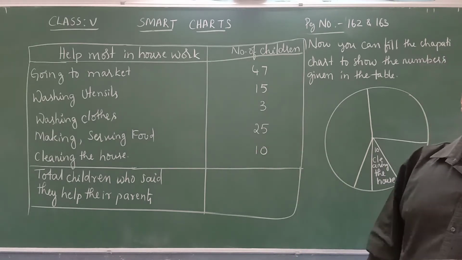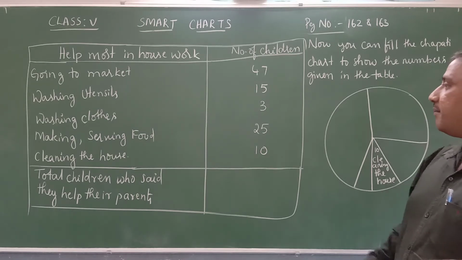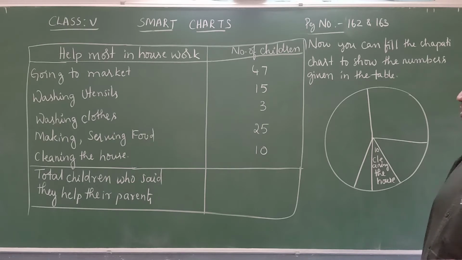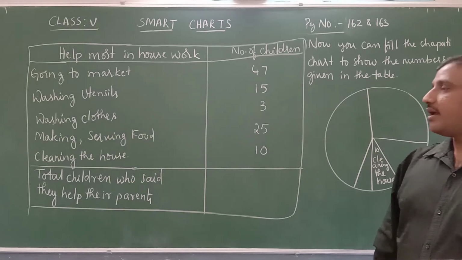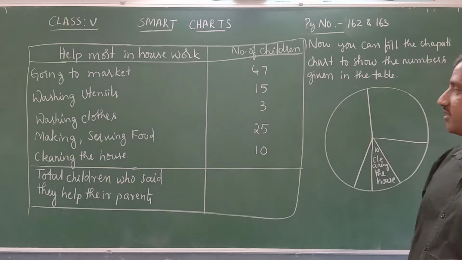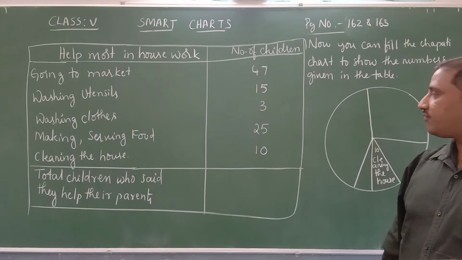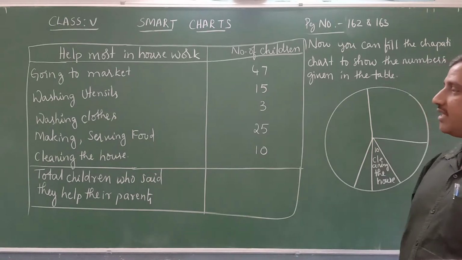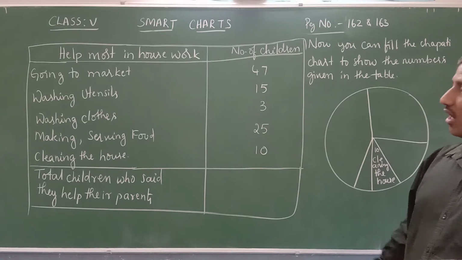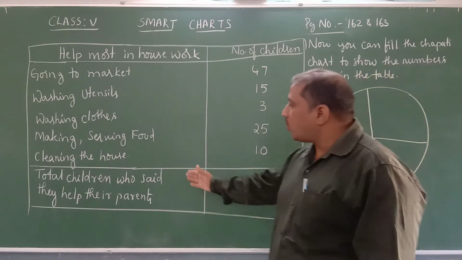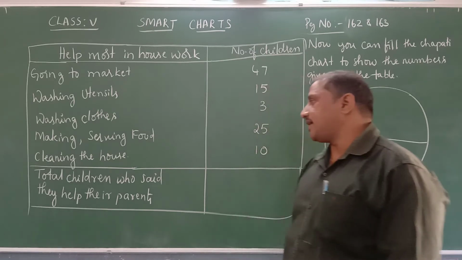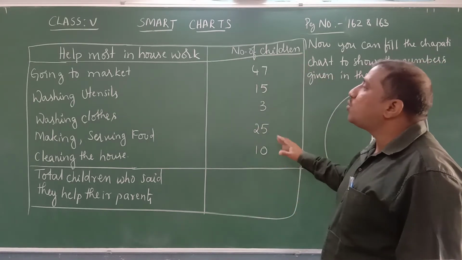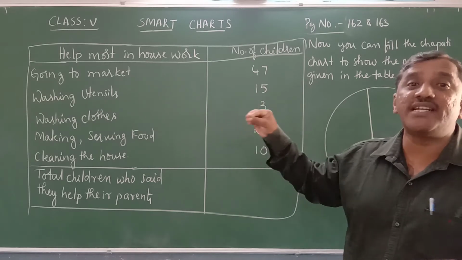Making and serving the food, 25 children. And few children, like 10 members, are helping in cleaning the house. Now, find the total number of children who said they help their parents in different works.